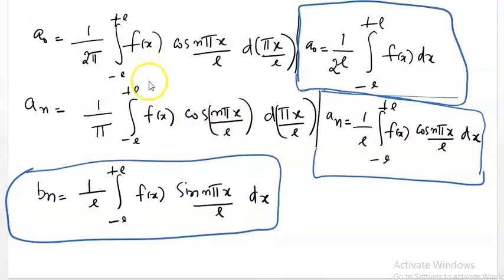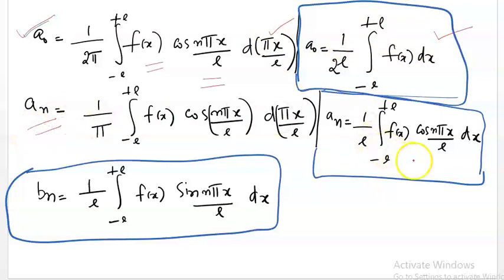So a0, which is originally this, now becomes this. This becomes f of x, and here we have cos n pi x by L. For dy we are giving d of pi x by L. So we get a0 as equal to 1 by 2L integral minus L to plus L f of x dx.